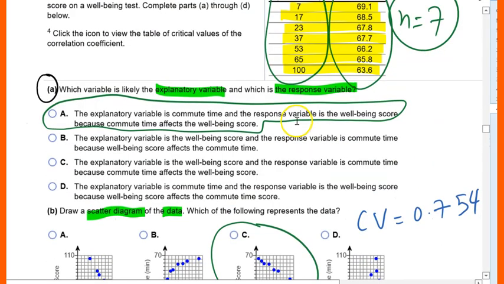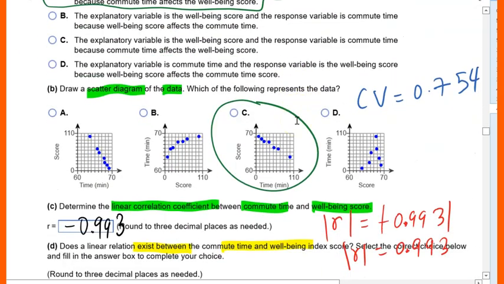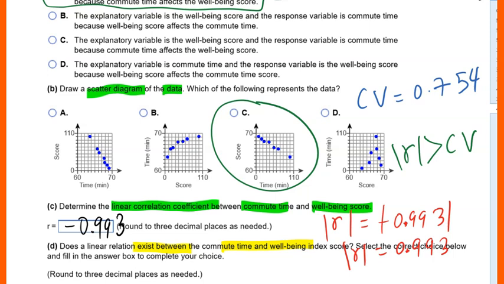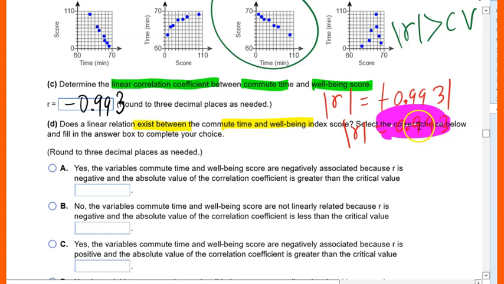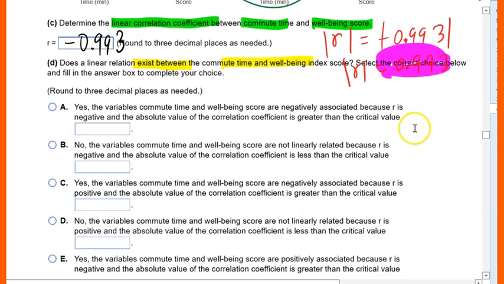Now, the absolute value of R is clearly greater than the critical value. See, the absolute value of R is greater than the critical value, definitely. Therefore, there is a linear relationship between the variables. How do you answer the question? The answer is yes.